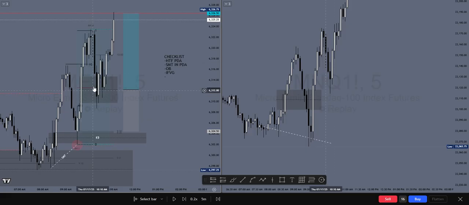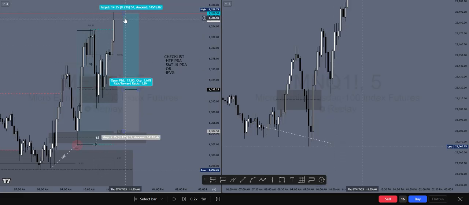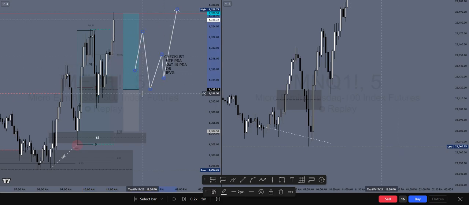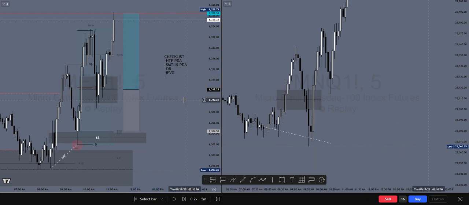I see that we have a 5-minute fair value gap down here. What am I going to expect? This fair value gap to get respected, which will make it an inverse fair value gap. We tap into here, and then we draw all the way back up. So you guys can be like, screw the order block as an entry point. Poor RR, but it does get you in the trade sooner.